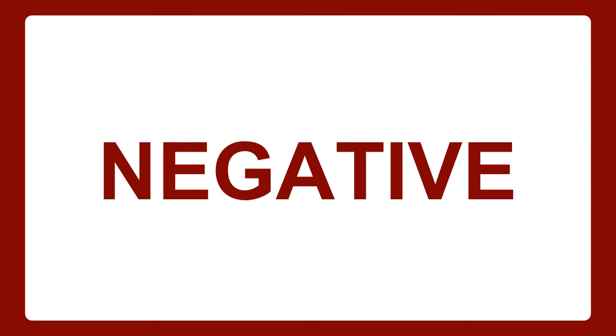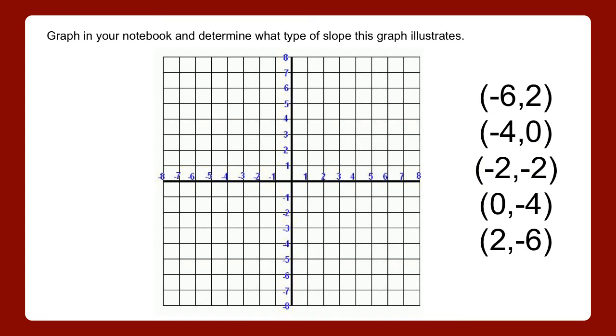Okay, so we're ready to work on your negative slope. We don't have to determine what type of slope because I told you what kind it was. If you would prefer to graph before me, pause me now. If you want to graph with me, we'll do it together. And you could always pause after I'm done in case I go too fast for you.